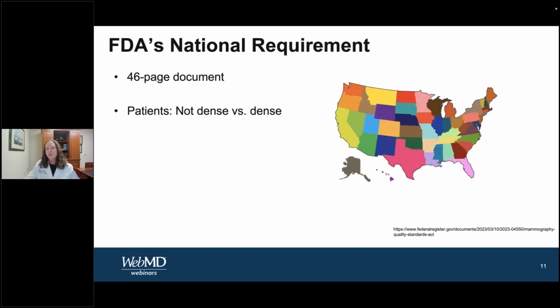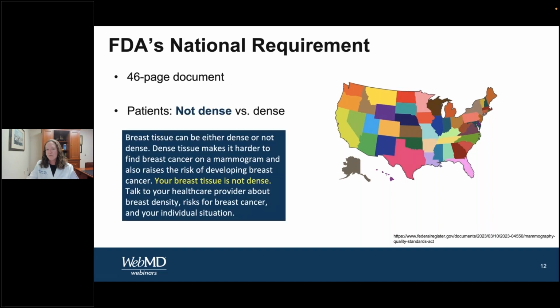So this requirement issued by the FDA was a 46-page document, a long document. And what's relevant here for all of you is that patients are going to now be required to be notified about whether they have not dense breast tissue, non-dense breast tissue, or dense breast tissue. And if you do not have dense breast tissue, this is what you're going to get in a letter.